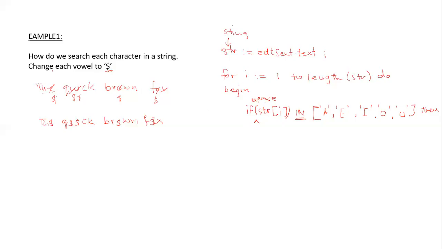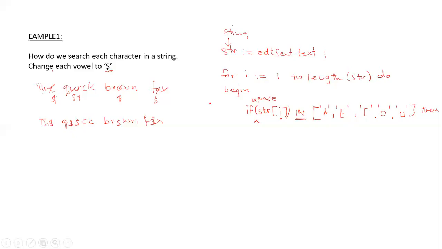remember when I is 1, we are checking str[1], which will be the first character, and we're checking if that character is in the set A, E, I, O, U. And because it's a loop, I then becomes 2, in which case I'm now looking at the second character in the string, it will be H. We're checking if H is in the set A, E, I, O, U. It loops again, I becomes 3, and we're checking if str[3] is in that set.